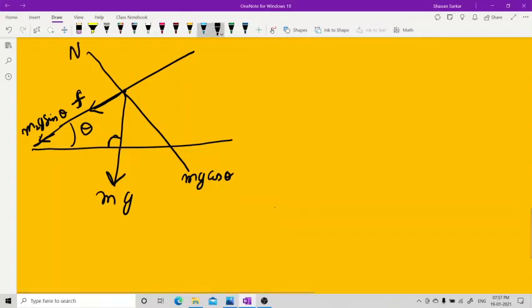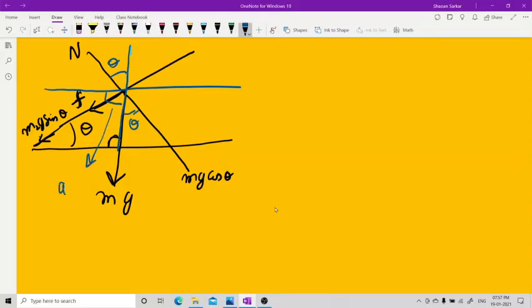What I'll do is that now I'll draw this figure. Let me take this color. Now you know that this angle is already theta. This angle is vertically opposite. This whole is 90. This is 90 minus theta. So this comes out to be theta.